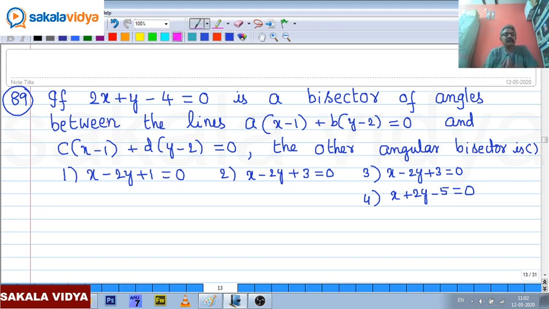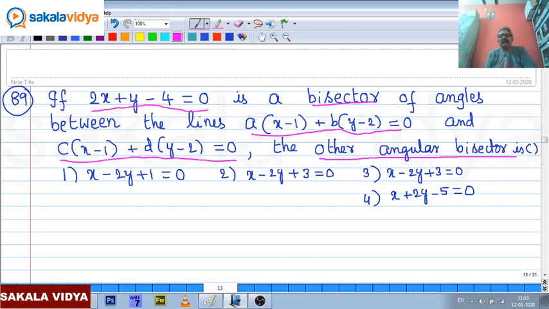See, 2x plus y minus 4 is equal to 0 is a bisector of the angle between the two lines a into x minus 1 plus b into y minus 2 is equal to 0, and c into x minus 1 plus d into y minus 2 is equal to 0. The other angular bisector we need to find out.